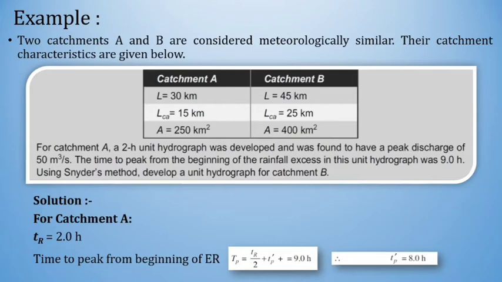As you can see, T_R is given, that is non-standard duration of the rainfall, it is 2 hours. Then time to peak from the beginning of excess rainfall is given as 9 hours. So by putting the values in this equation, T_P = T_R/2 + T'_p = 9 hours, you can find out the modified basin lag as 8 hours over here.